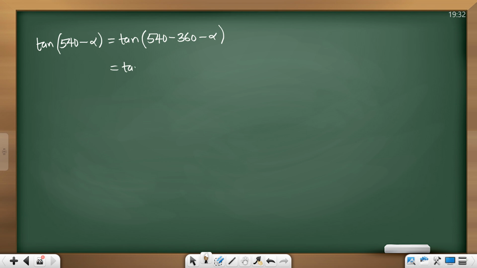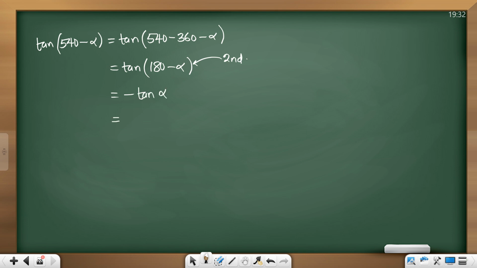What would this be? 540 minus 360, because we want to bring it back into 1 revolution. 180. Oh, do you notice? This is in which quadrant? Second quadrant. Ah, beautiful.